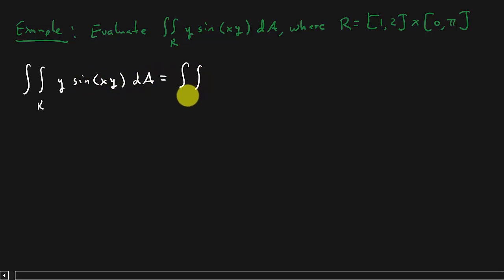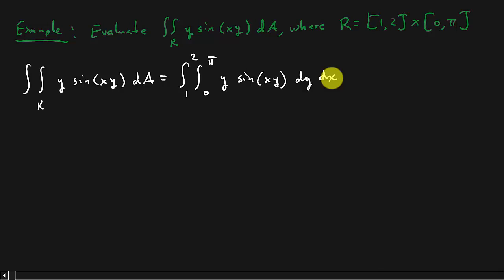That is going to be the integral from 0 to pi, and 1 to 2, of y times sine xy dy dx. See, I put my limits for y right here, dx.